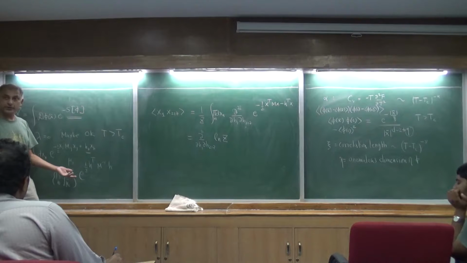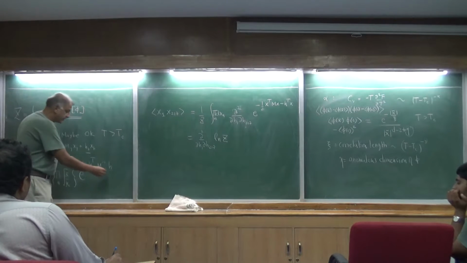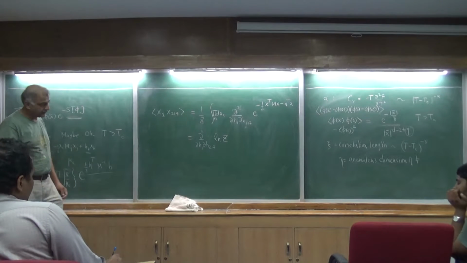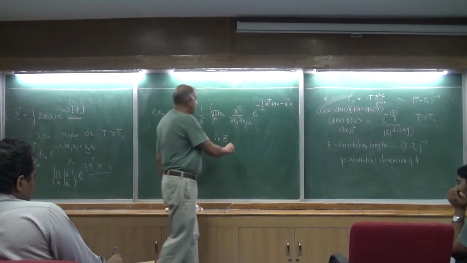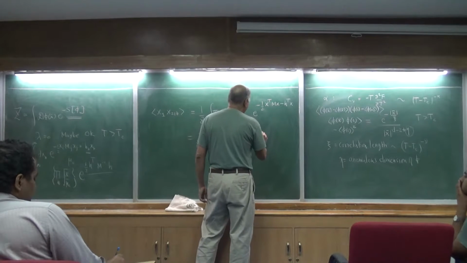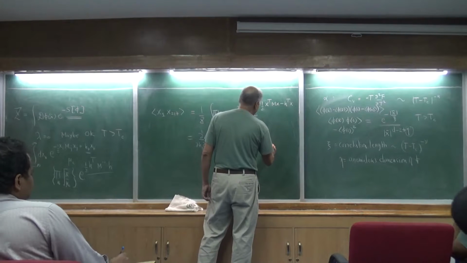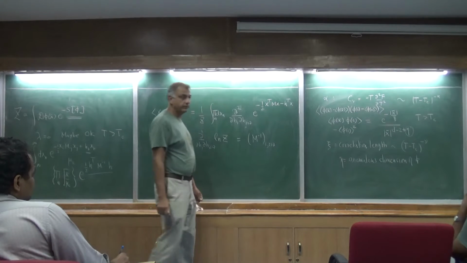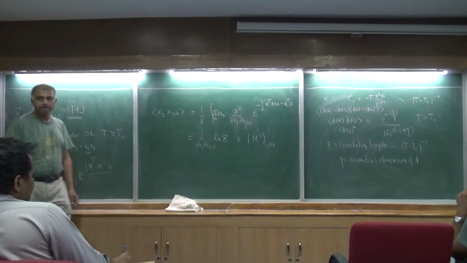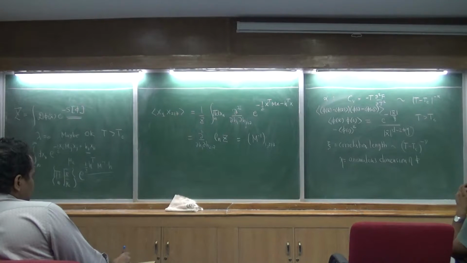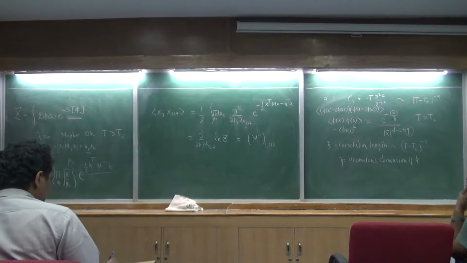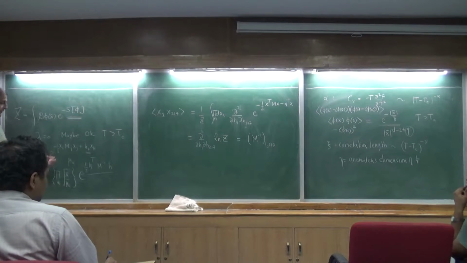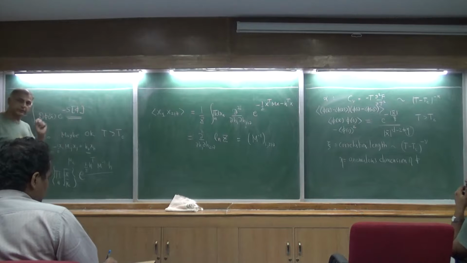Now I look at where the h dependence is. The h dependence is sitting here, right? So it's very obvious that the result of all this stuff is going to be M inverse, the matrix element 1, 217. So the correlation function of these x's is basically nothing but that particular element of the inverse matrix.